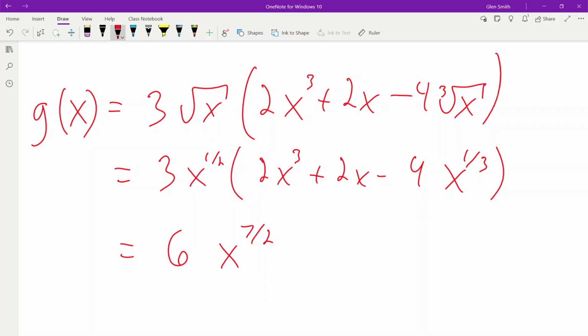We should be able to do that in our heads. Those are fractions. That's how they work. You know, when you multiply, you add the exponents. That's an algebra rule. Then it's going to be plus 6x to the 3/2. You're adding 3.5. That's 7/2.